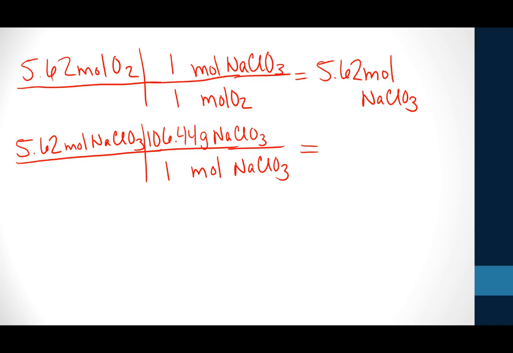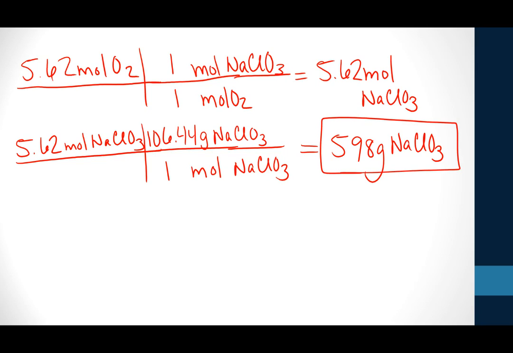Multiply across the top, divide by the bottom. So 5.62 times 106.44 divided by 1 means that I need to put 598 grams of sodium chlorate on my airplane in order to make 135 liters of oxygen.